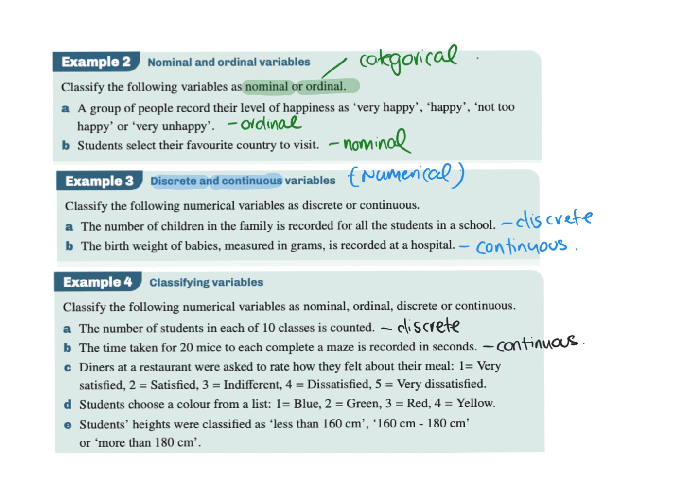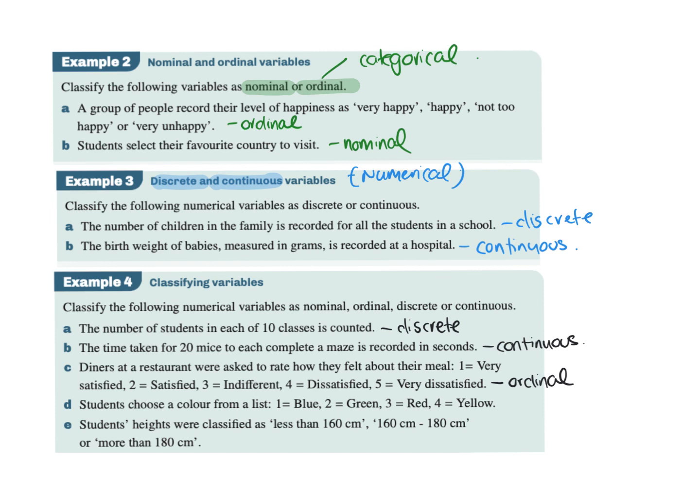Okay, diners at a restaurant were asked to rate how they felt about their meal, either very satisfied, satisfied, indifferent, dissatisfied, or very dissatisfied. What's that one? Categorical. Ordinal. Yeah, good. Ordinal, but yep, categorical. Students choose a colour from the list. 1 equals blue, 2 equals green, 3 equals red, and 4 equals yellow.